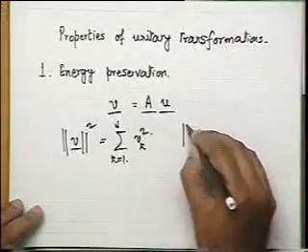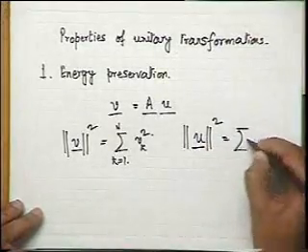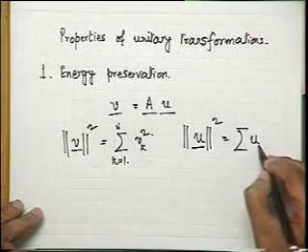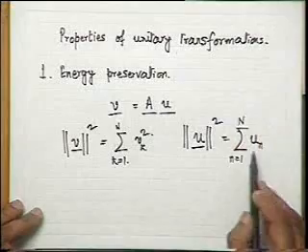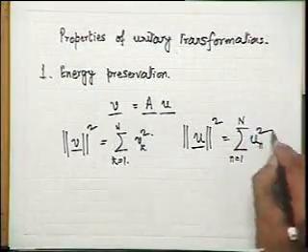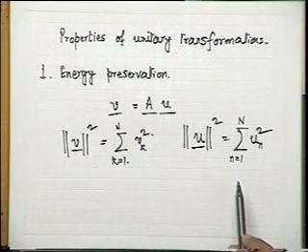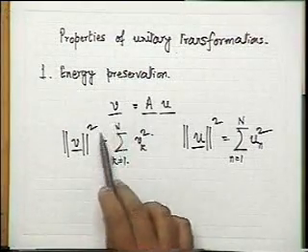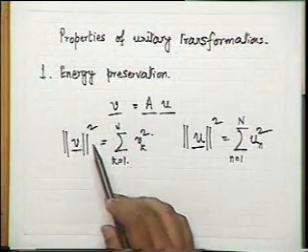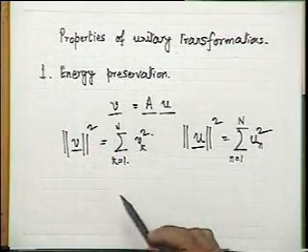What is the energy of the original vector? Simply given by this, summation n equal to 1 to n, un square, which will give me the energy in the original vector. And I am required to prove that the energy in the transformed vector and the energy in the original vector are equal. It is very easy to show that.